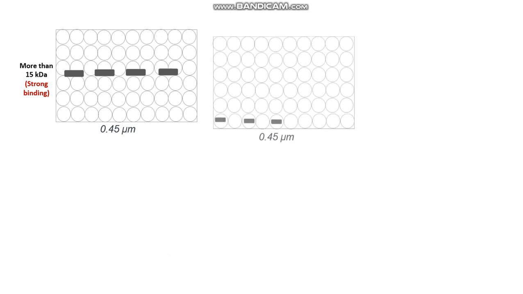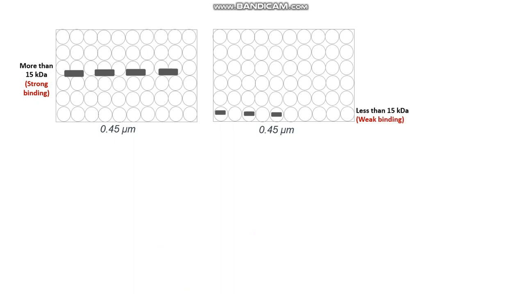The 0.45 micrometer pore size membrane can bind proteins of more than 15 kDa. For proteins more than 15 kDa, it has strong binding with this 0.45 micrometer pore size membrane. But for lower proteins, less than 15 kDa, it has weak binding with this kind of pore size membrane, because 0.45 micrometer is the higher pore size.